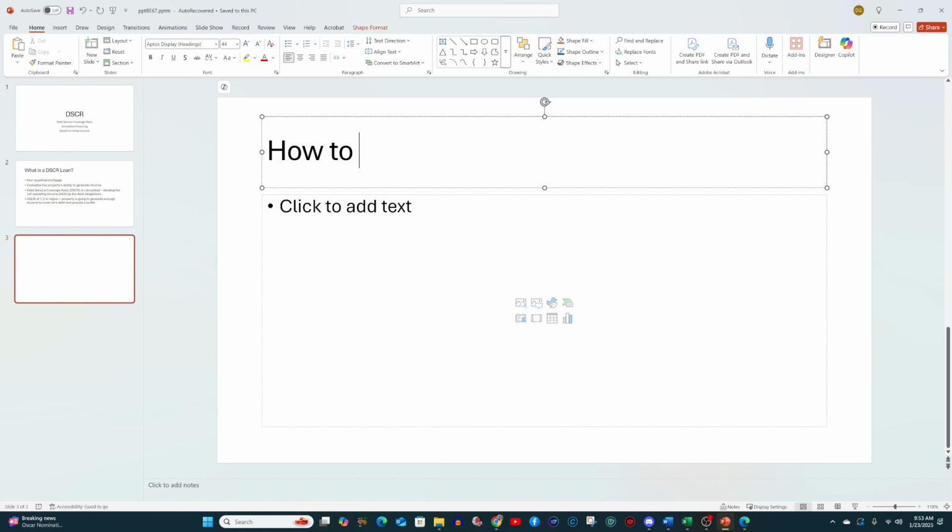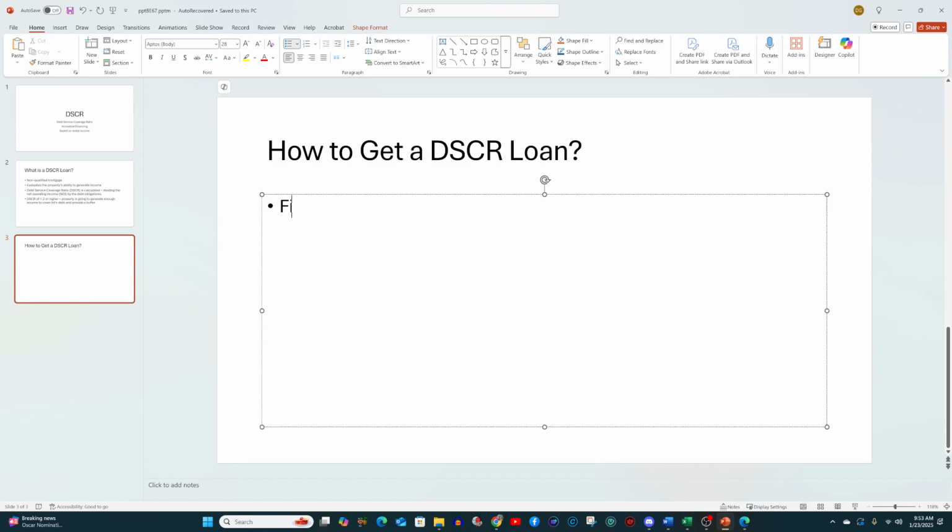So how to get a DSCR loan. In order to get one, you need to find a lender. There's thousands of them online.